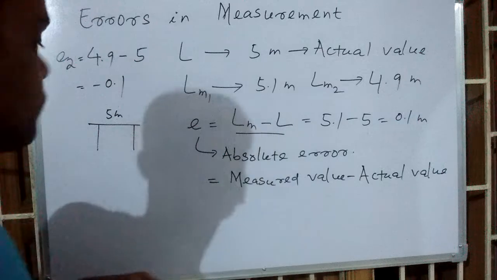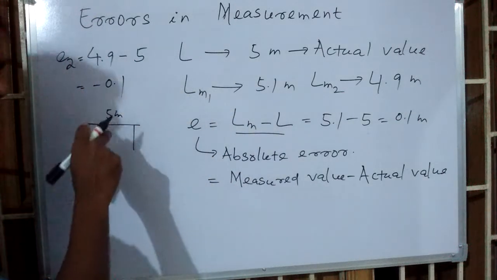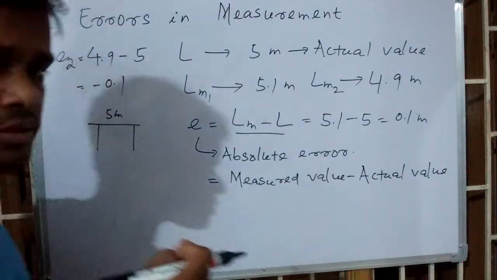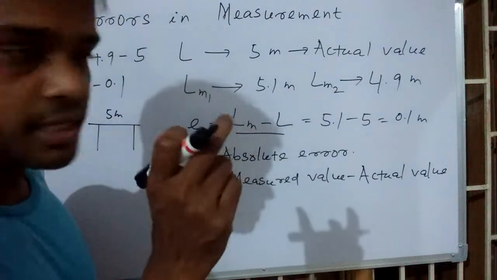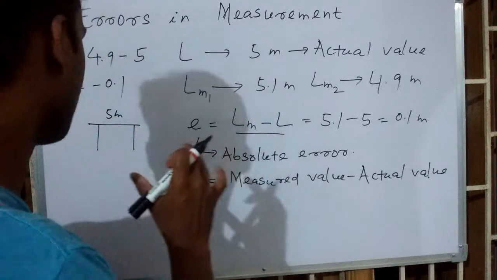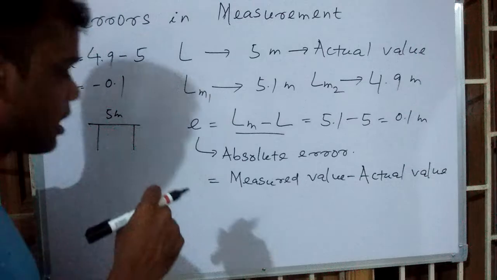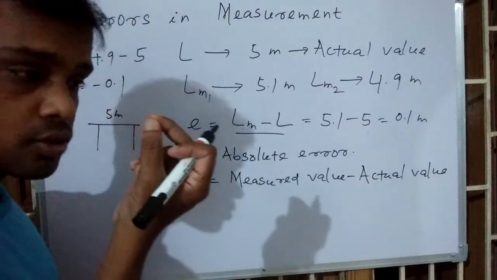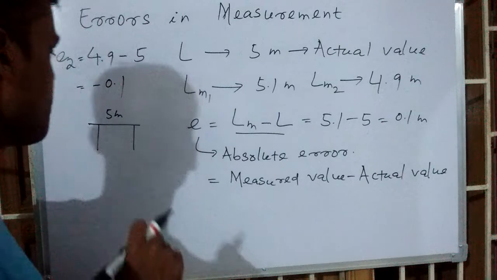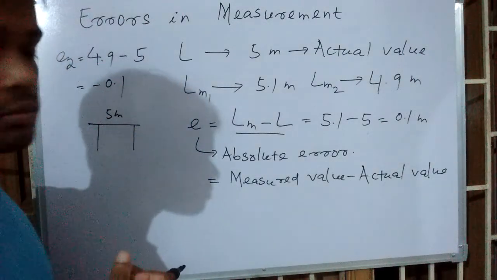I am repeating, the manufacturer specifies that the length of the table is 5 meter, but he wants to avoid any discrepancies or misunderstanding, so he will specify the error also, that how much error could be possible when carrying out the measurement. But the question is, what could be the value of that error?